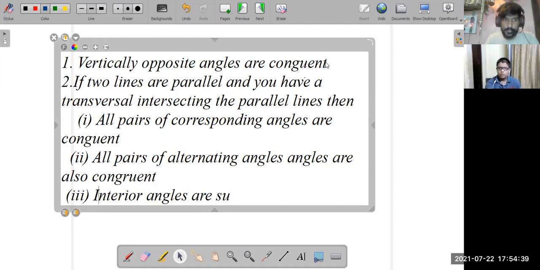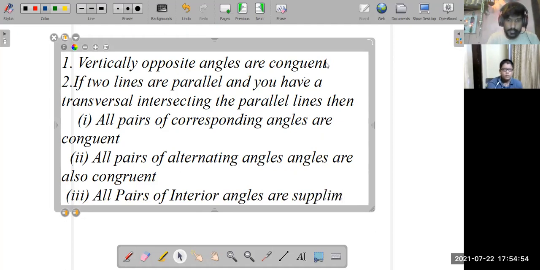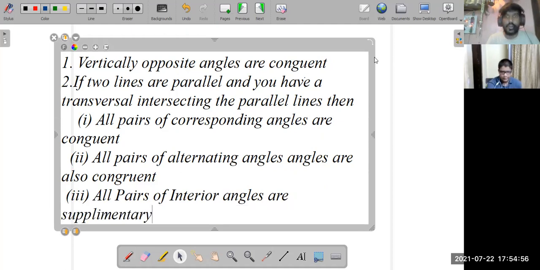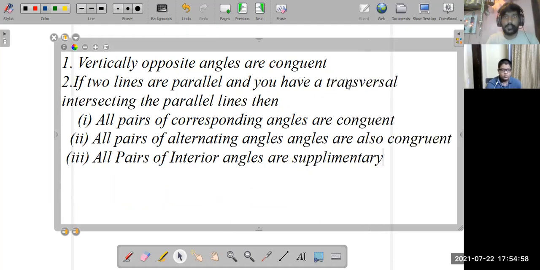Unmute and say, all pairs of interior angles are, what is the word? Supplementary. So all pairs of interior angles are supplementary.